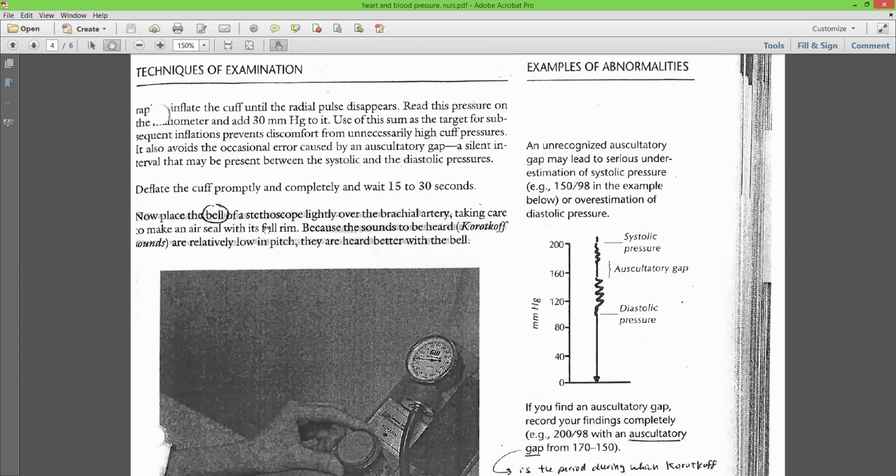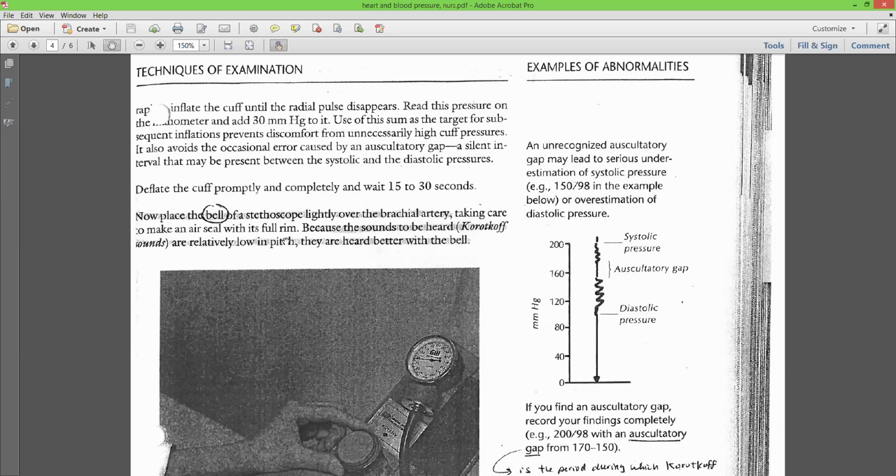Okay, the bell part of the stethoscope that you put over the brachial artery is known to pick up on low pitch sounds, so it's heard better with the bell. The diaphragm on the stethoscope is designed to pick up on high pitched sounds.